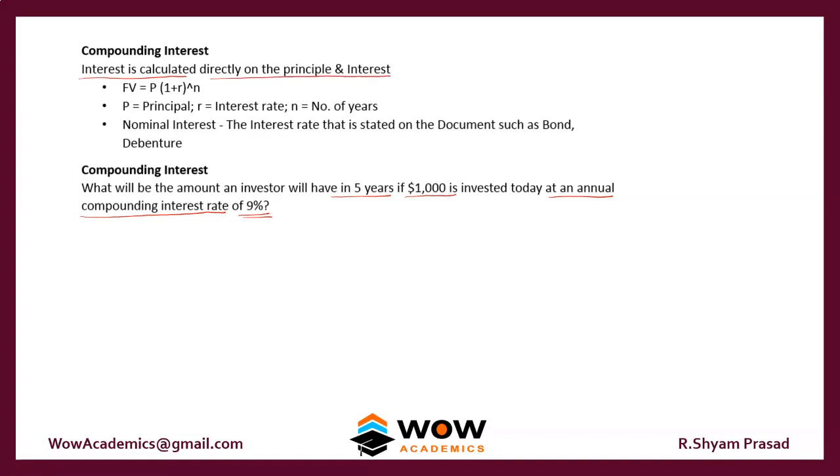So in compounding interest, the interest is not only calculated on the principal, but also on any extra interest that has accrued in the previous years. The formula works like this: the future value is equal to the principal into (1 plus R) to the power of n, where P is principal, R is interest rate, and n is the number of years.